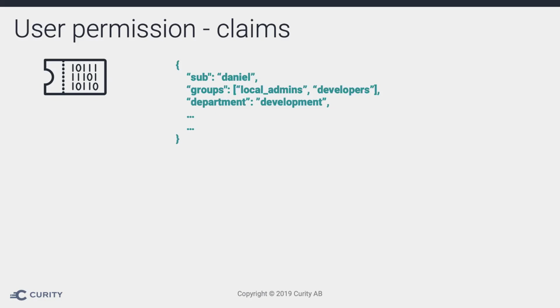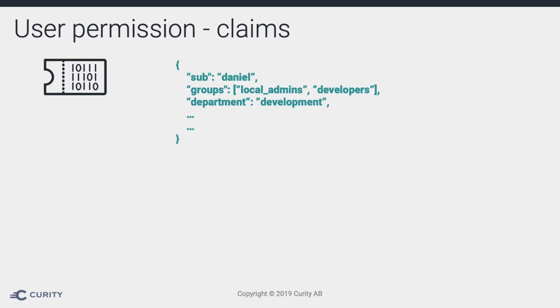So a client could be allowed to access a resource like the list releases API, but the API is only allowed to give away the data to users that are part of a certain group. So in that case, we must now look at two things.